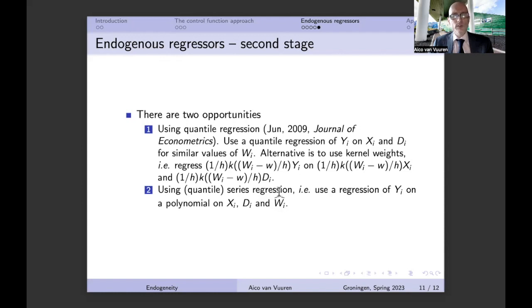We could even use interrelationships between wi hat and xi and di. It's not that easy to know which specification is going to be the best, but also here machine learning techniques can help you.